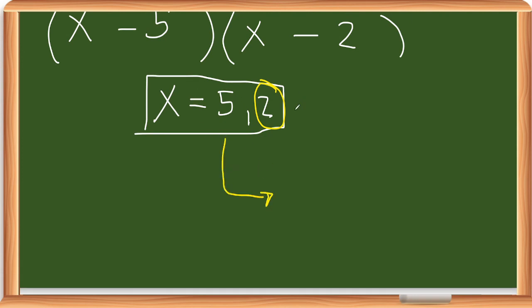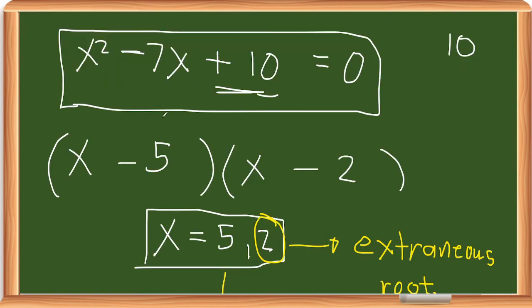Yung 2, ang tawag natin dito is extraneous root. Tignan nyo lang kung tama yung spelling ko, no? Kasi hindi ako English teacher. Extraneous root. Okay, ano ba ibig sabihin ng extraneous root? Ito yung naging solution. Tama siya kapag finactor mo tapos kinuha mo yung solution.